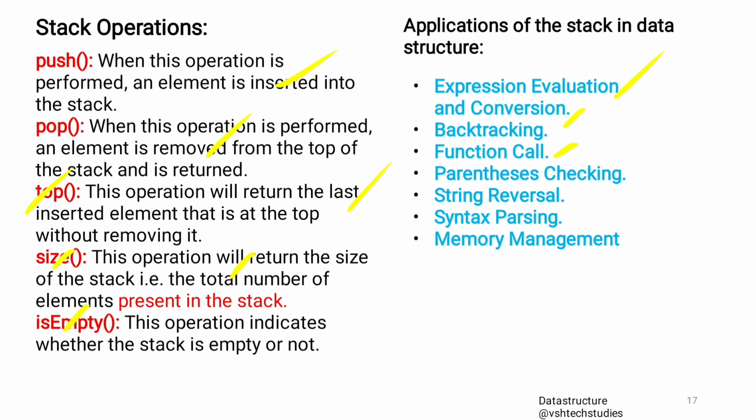Then to where it had left, so to come back there, first that address will be stored in the stack. So that stack helps to retrieve back the address in the main program from where the processor has to resume the operation. Then parenthesis checking, string reversal, syntax parsing, memory management. So these are the various applications of stack operation.